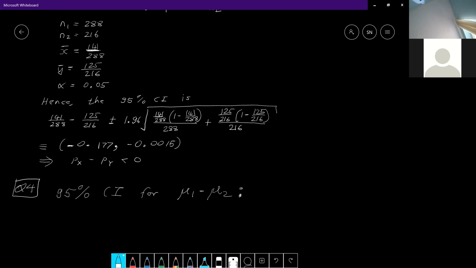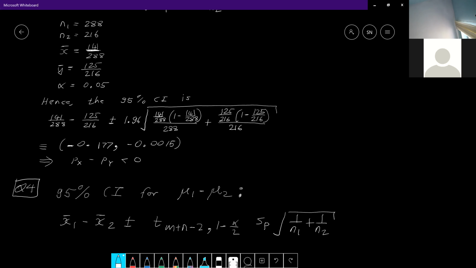In this case, if you remember from my notes, the formula for the confidence interval is like this.